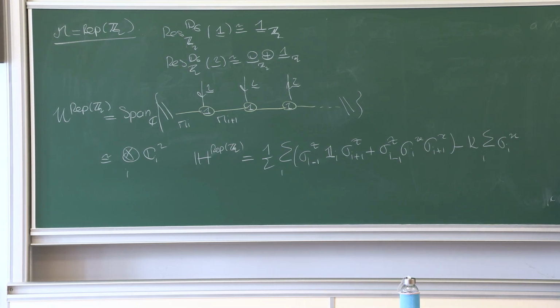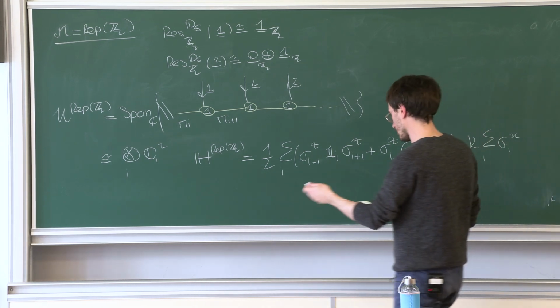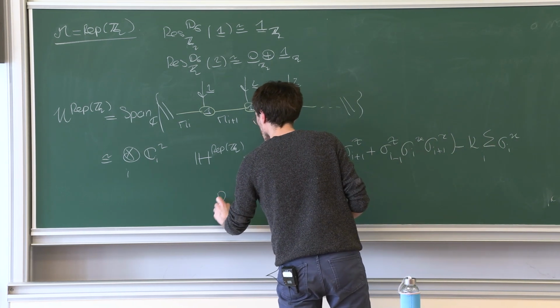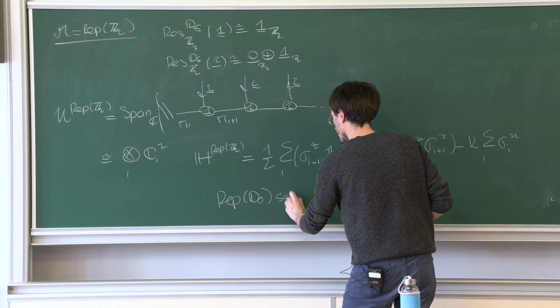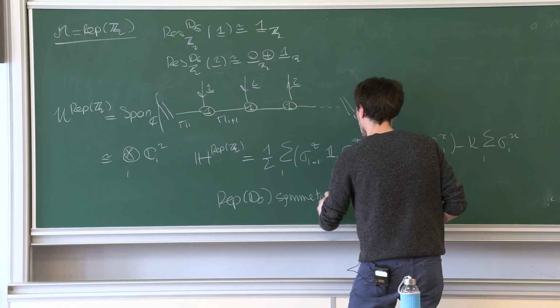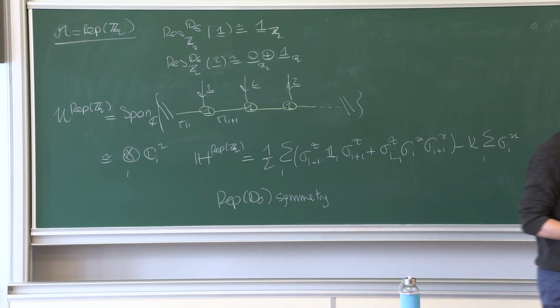The symmetry of this Hamiltonian is actually not obvious to derive. I'm just going to tell you, and then I will explain later why. But this model actually has a rep D6 symmetry. And it's very difficult to check this rep D6 symmetry without using the machinery that I'm introducing.